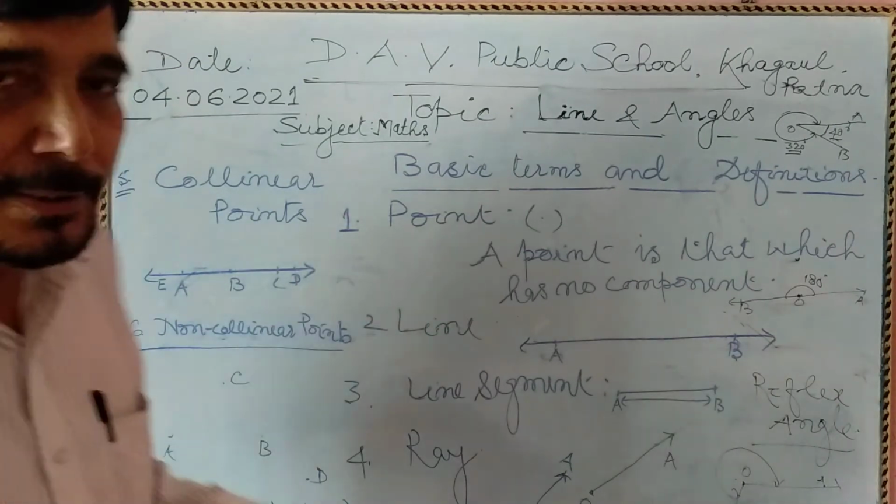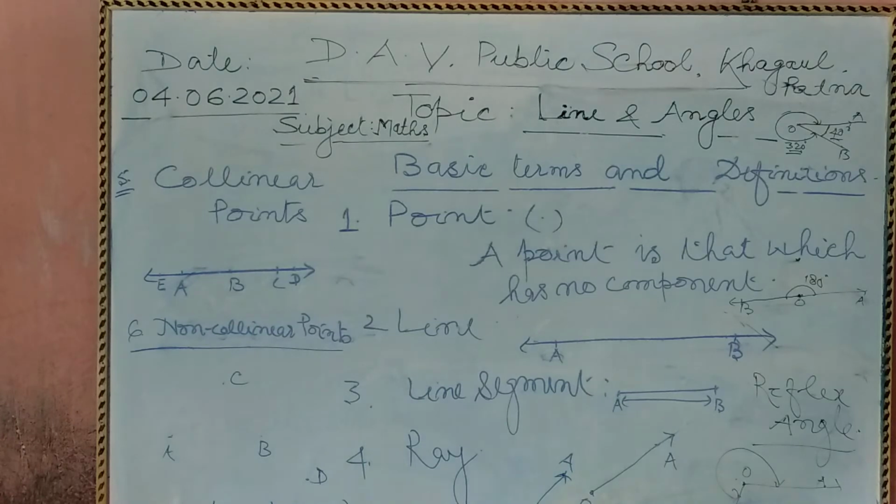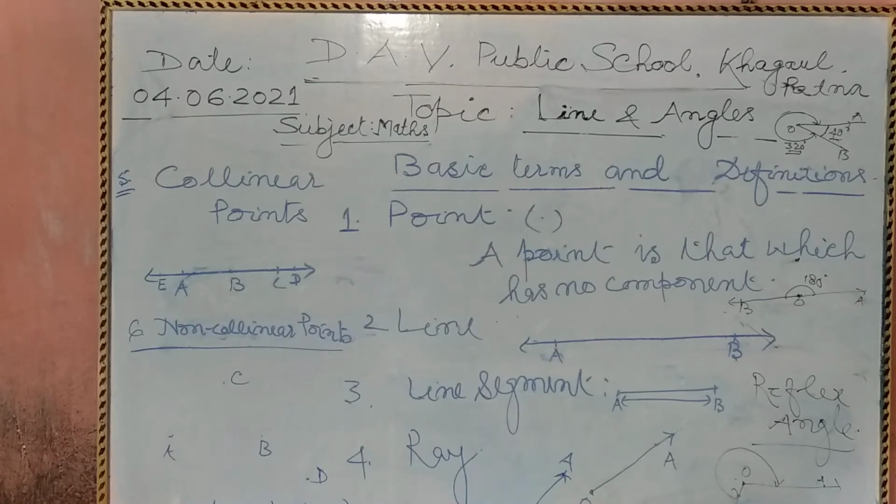Now collinear points. The points which lie on the same straight line are collinear. Three or more than 3 points are said to be collinear points if they lie on the same straight line.